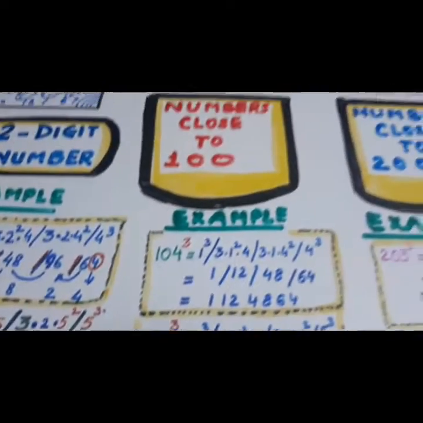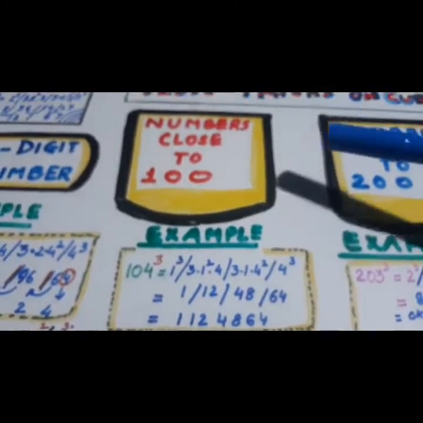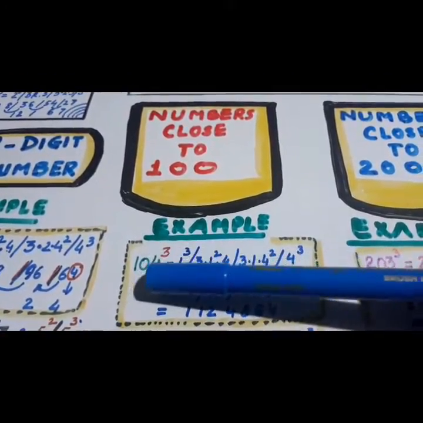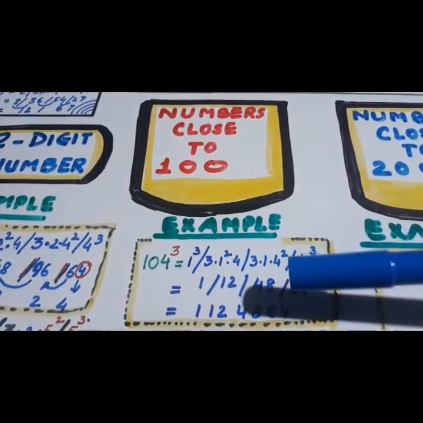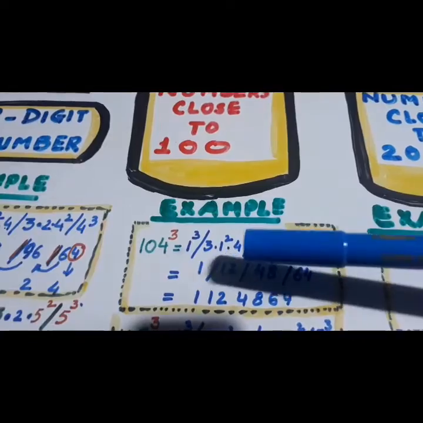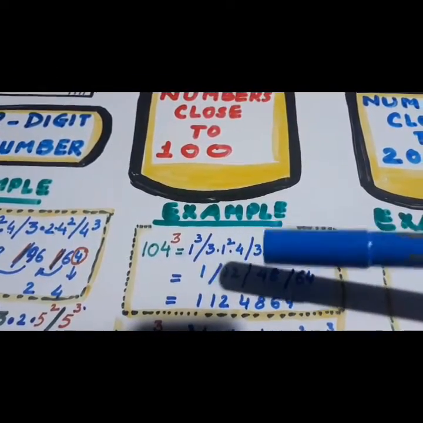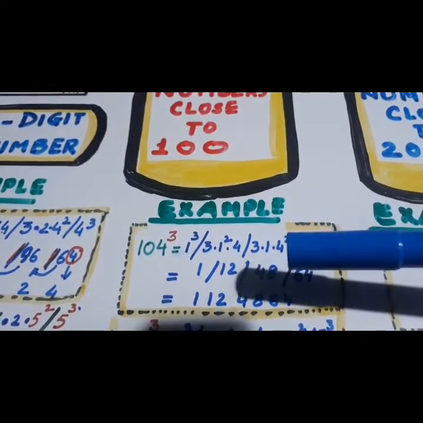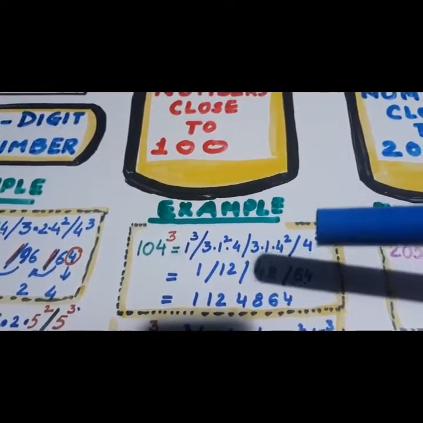Now number close to 100. 104 cube. आपने सिर्फ 1 और 4 को देखना है, 0 भूल जाओ. So 1 cube plus 3a square b. a is 1, b is 4. 3a square, 1 square, 4. Next 3ab square.